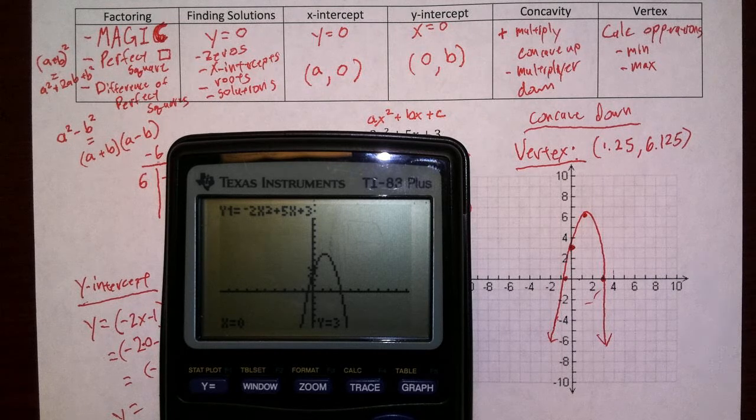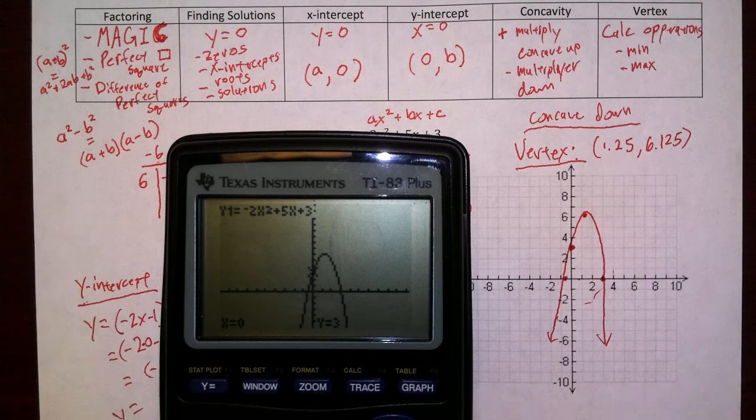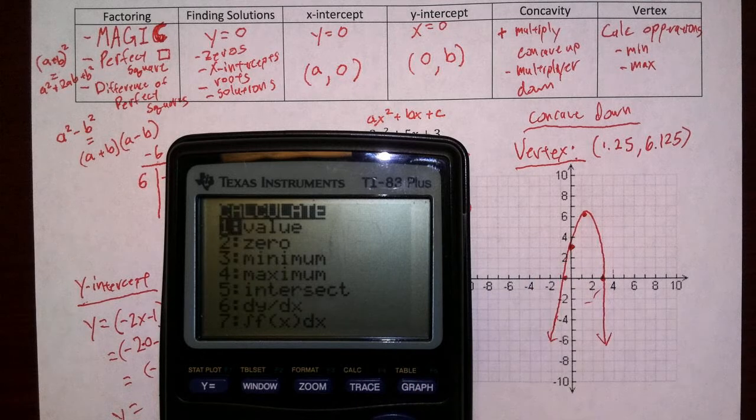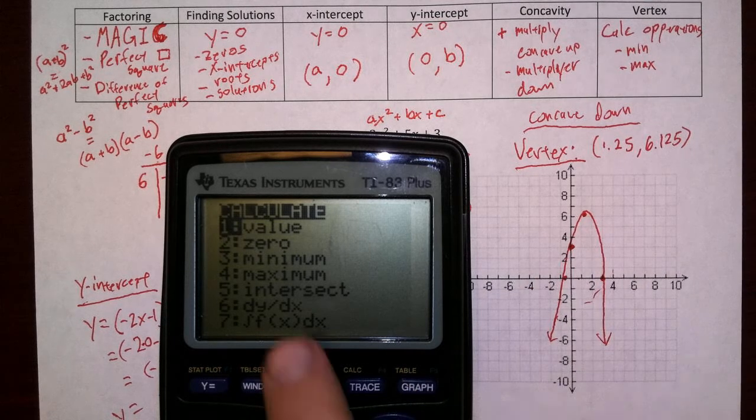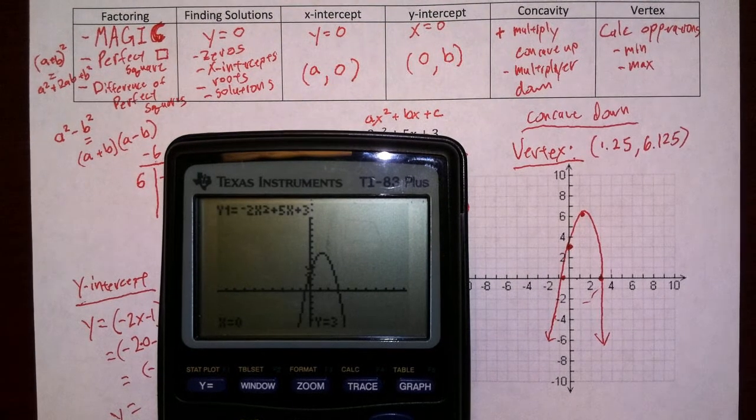X equals 0, y equals 3. That indeed is our y-intercept right there. So we just used the value function in our calc to find that y-intercept, right? Value, enter, 0, because x equals 0 at the y-intercept, right there.